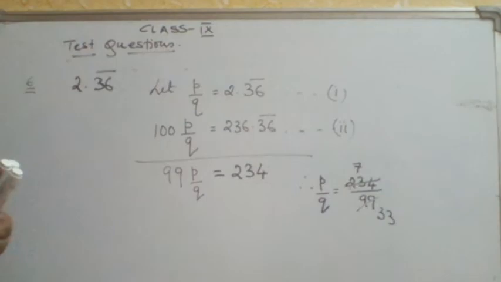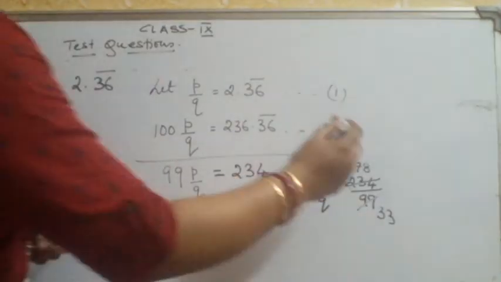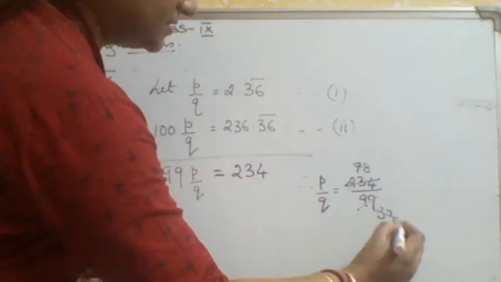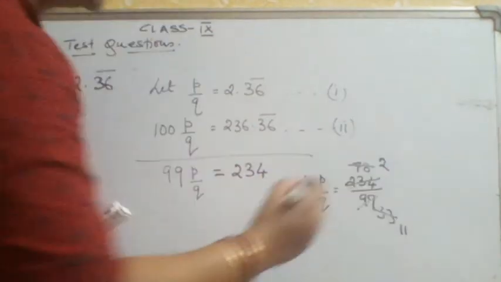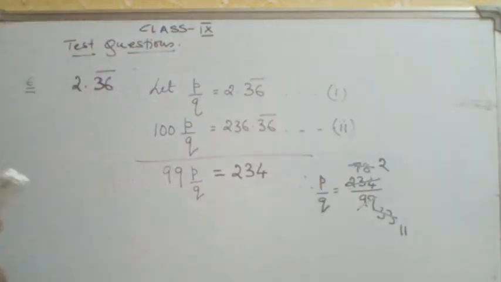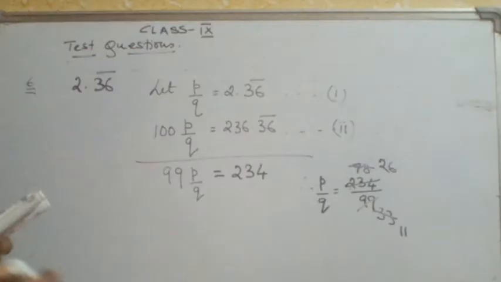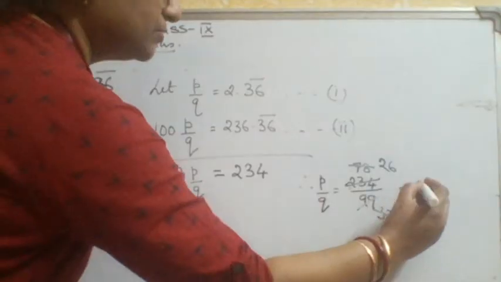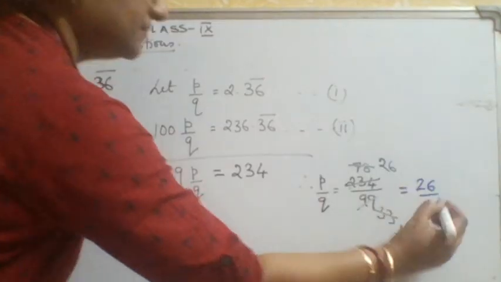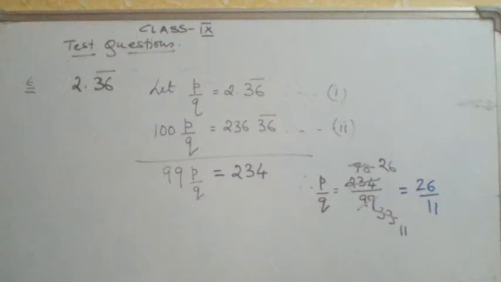This is 78. Now again you cancel. Again this is divisible by 3. So this is your 11, and this is your 26. So your answer here is 26 upon 11. This is the answer. Please note it down carefully.